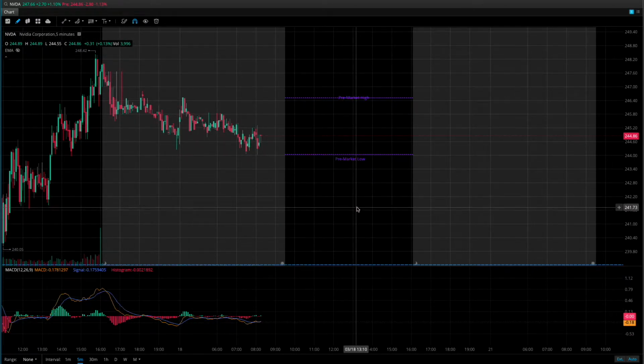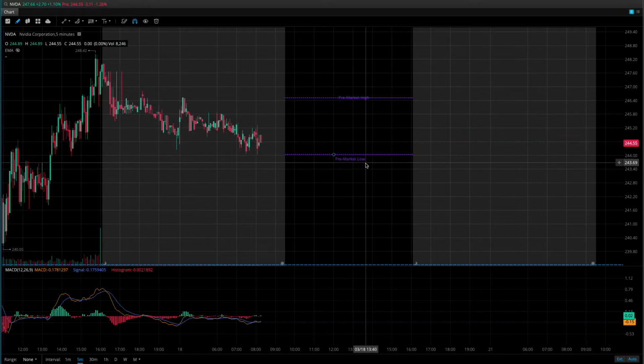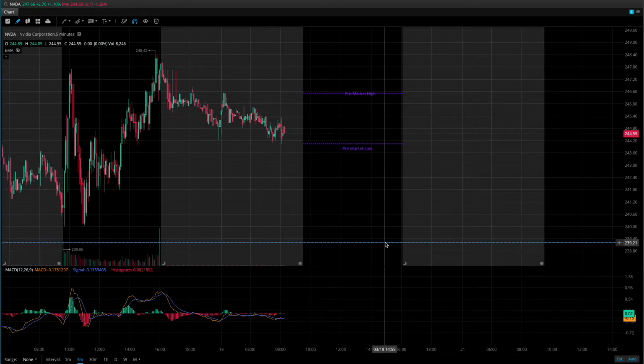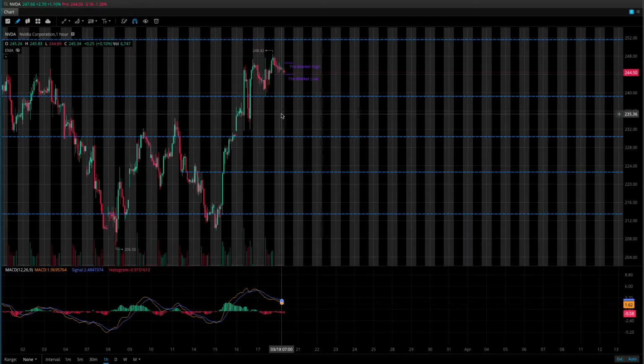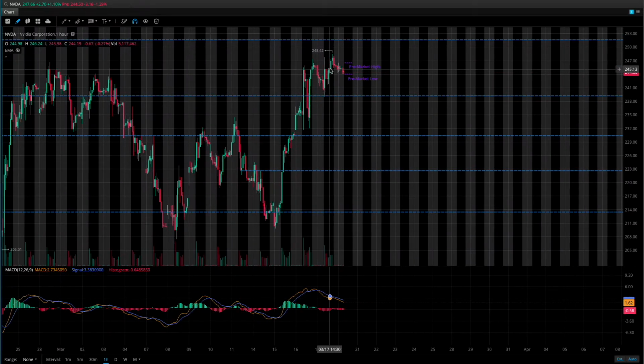So we have the pre-market high, the pre-market low. We have our lower put level. You could even say this would be a level, but that's neither here nor there. I like to look at just the high level, like the 1 hour levels, for confirmation. Actually, look at that.